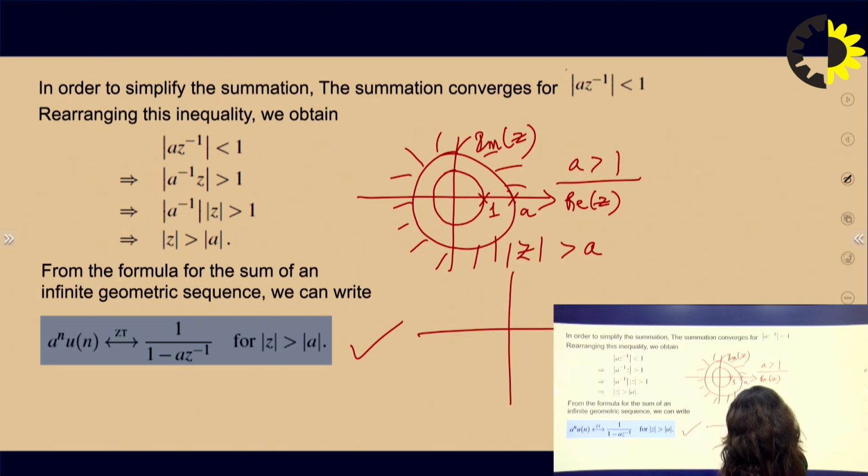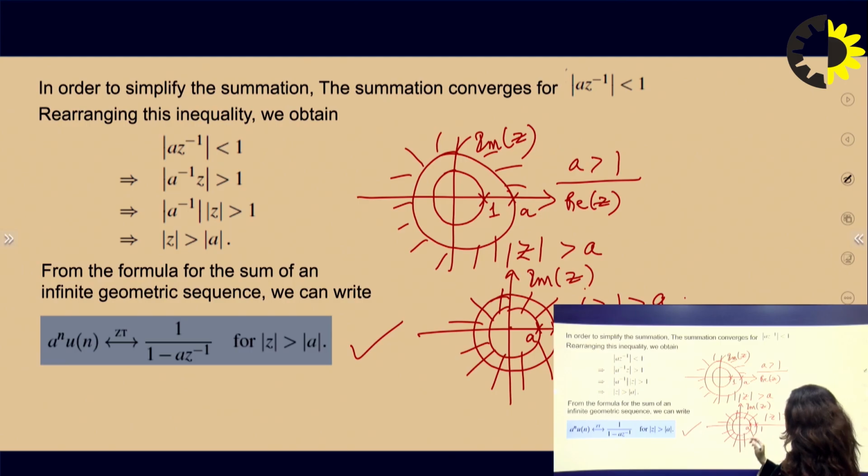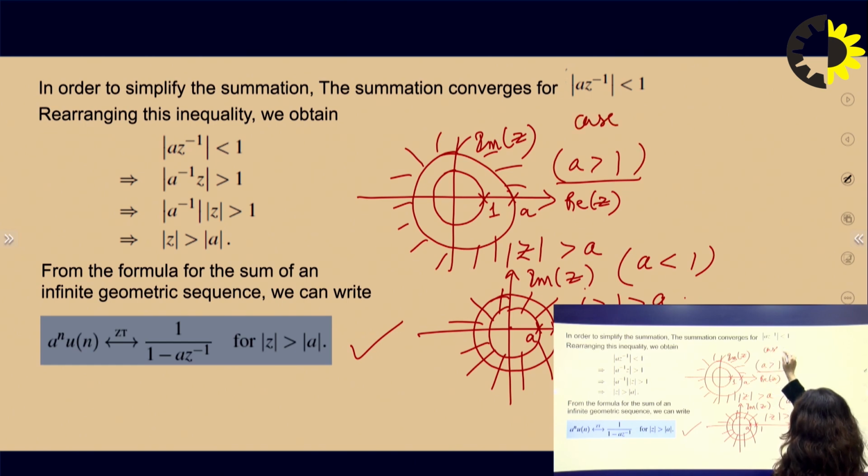Similarly, if a is less than 1, this is the circle of radius 1 and this is the circle for a, with real of z and imaginary of z axes, and for |z| greater than |a|, this is the scenario for the ROC. So here a is less than 1. These are two cases: this is case 1 and this is case 2.